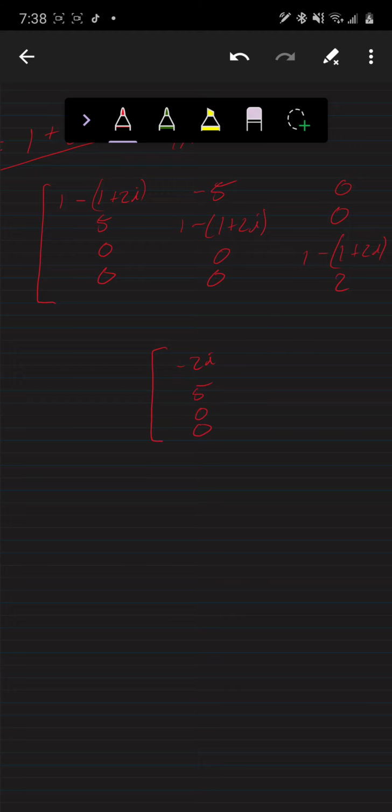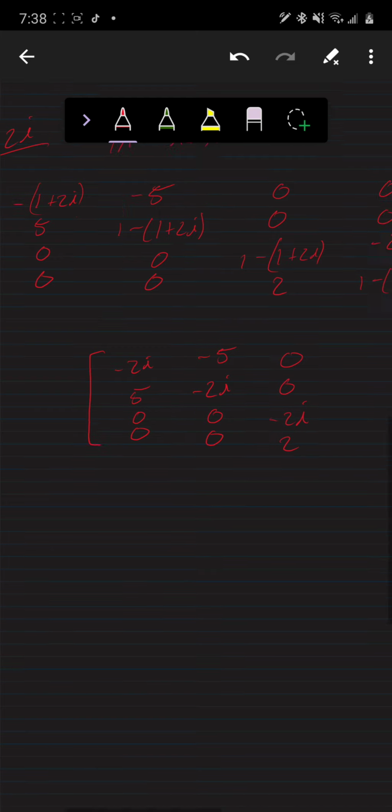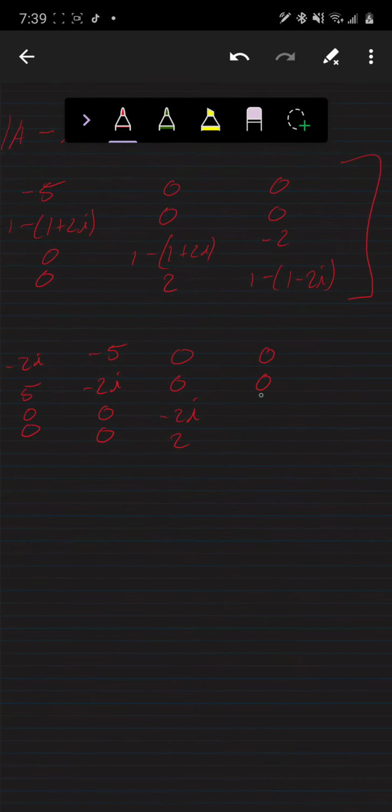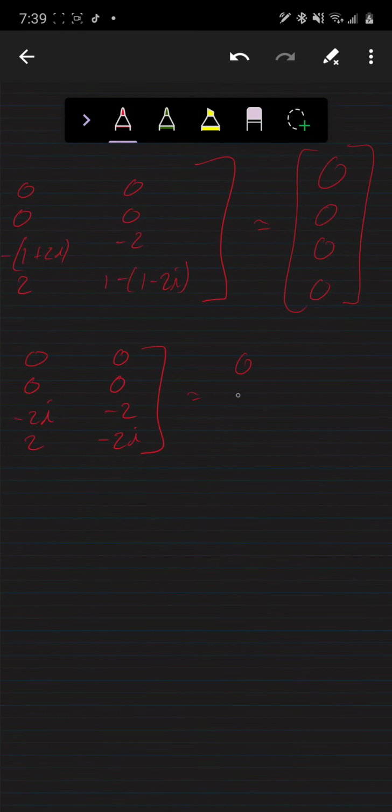Since pretty much all of them are the same, the rest are -2i. And this is 0, 0. This is going to be 0, 0, -2i, 2. Then 0, 0, -2, -2i. And this is going to be equal to 0, 0, 0, 0.